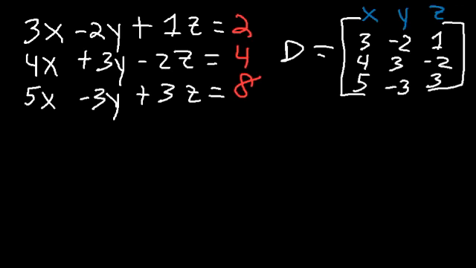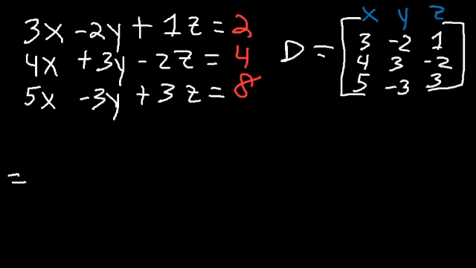So now we need to evaluate the determinant for that 3 by 3 matrix. So it's going to be the first one, 3, and eliminate the row and the column that's part of 3. So inside the 2 by 2 matrix is going to be 3, -3, -2, and 3.